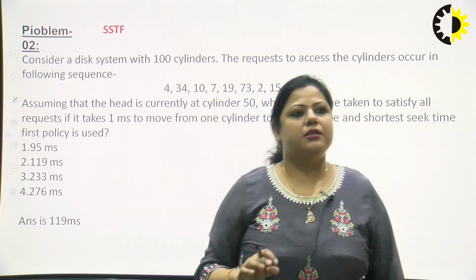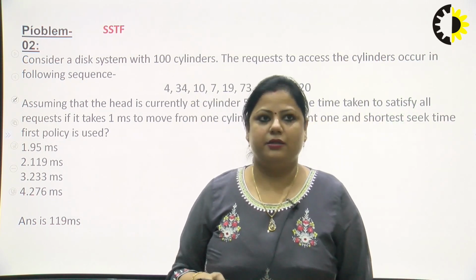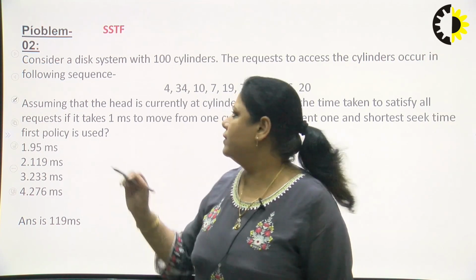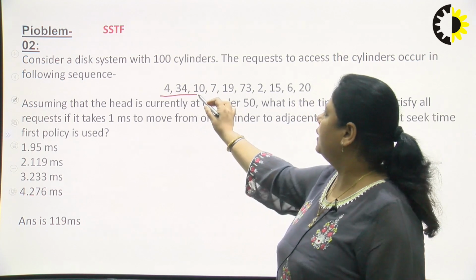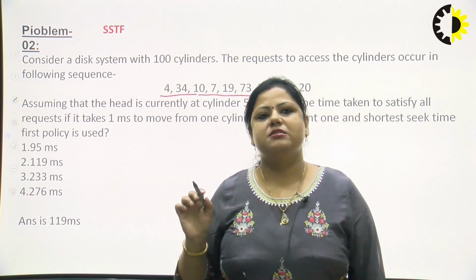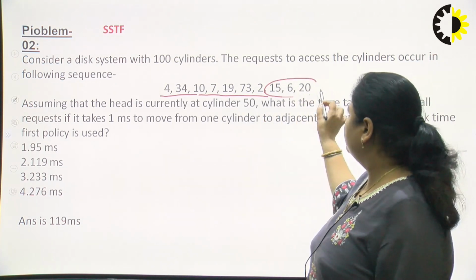Here consider a disk system with 100 cylinders. The requests to cylinders occur in the following sequence: 4, 34, 10, 7, 19, 73, 2, 15, 6 and last is 20.